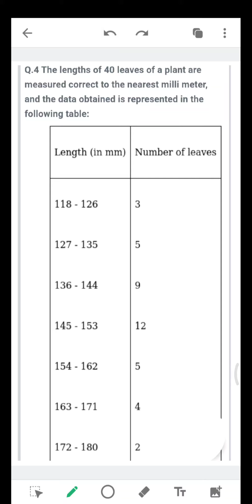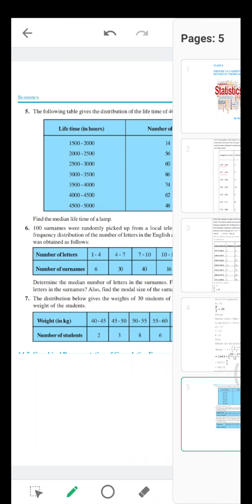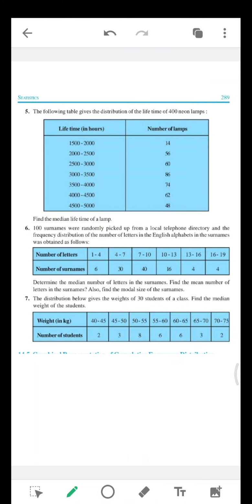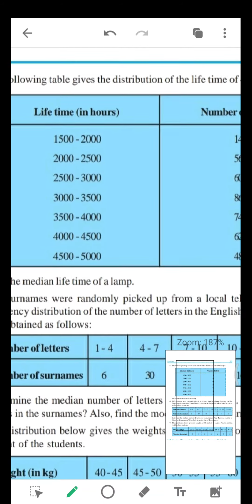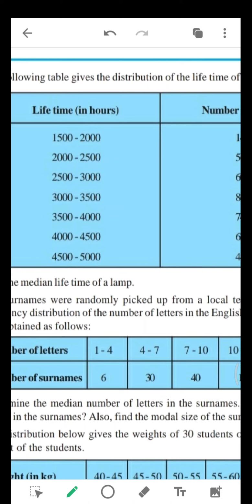There is a little difference in the classes which you can see here and the classes which you have seen before. Let's see an example of previous questions. In the previous questions, the classes were clearly continuous, like 1500 to 2000.